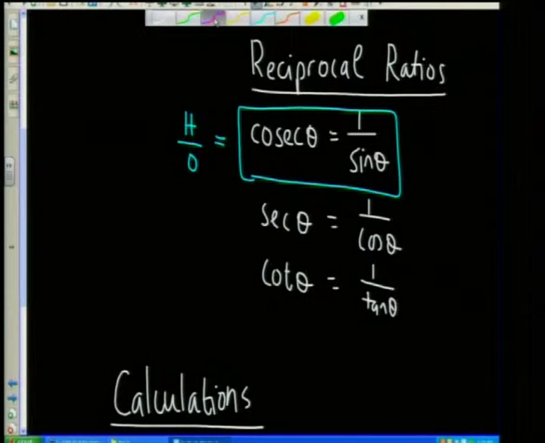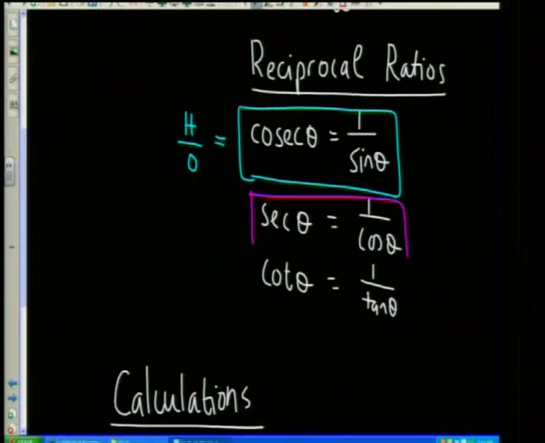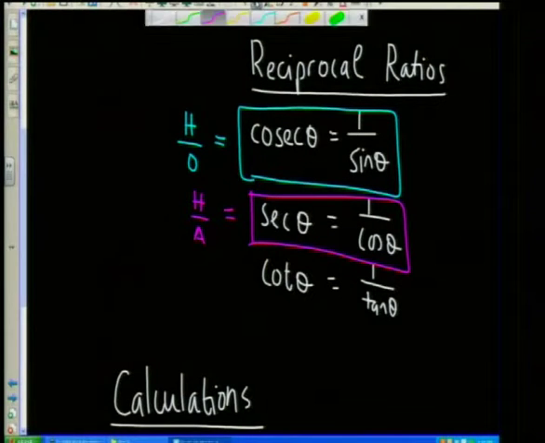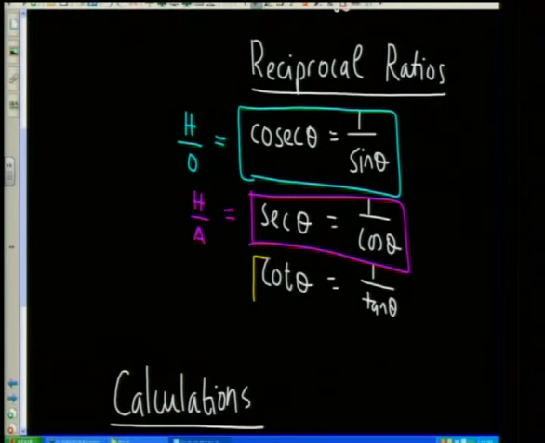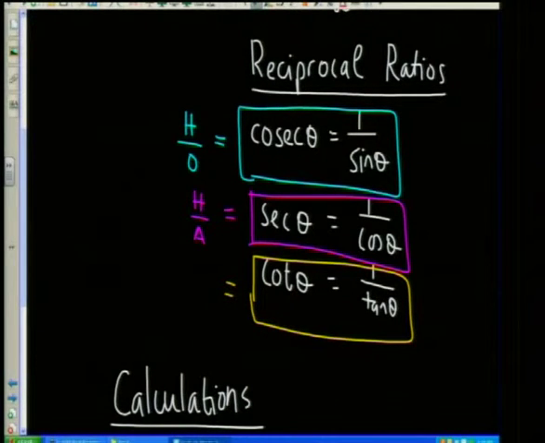Then we would get sec, which is a reciprocal of cos, and there we would get the hypotenuse over adjacent. Finally, the cot ratio is a reciprocal of tan, and that would be your adjacent over your opposite. So those are our reciprocal ratios.